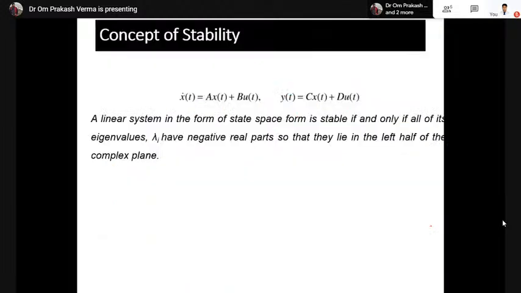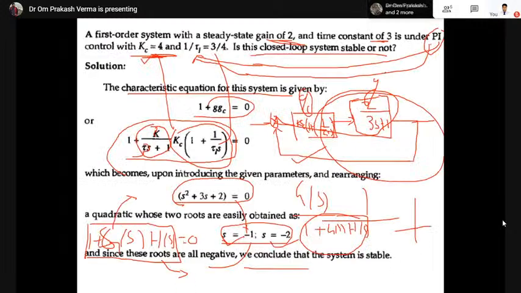Now, what is the stability condition for the state space equation? It is very simple. In the simplest terms, a linear system's stability depends on the eigenvalue. Generally, in the transfer function case, we decide the stability from the characteristic equation.